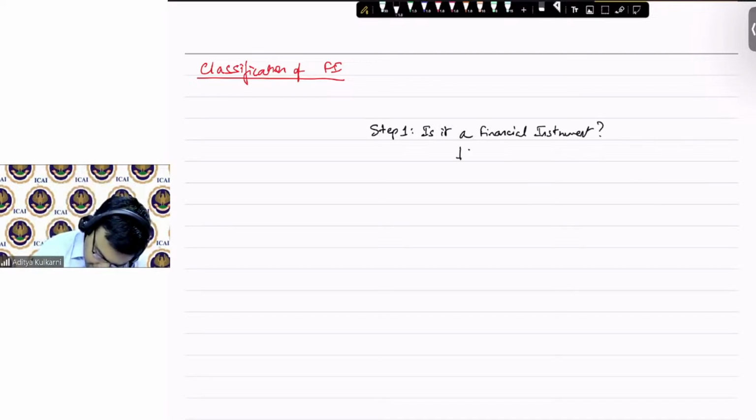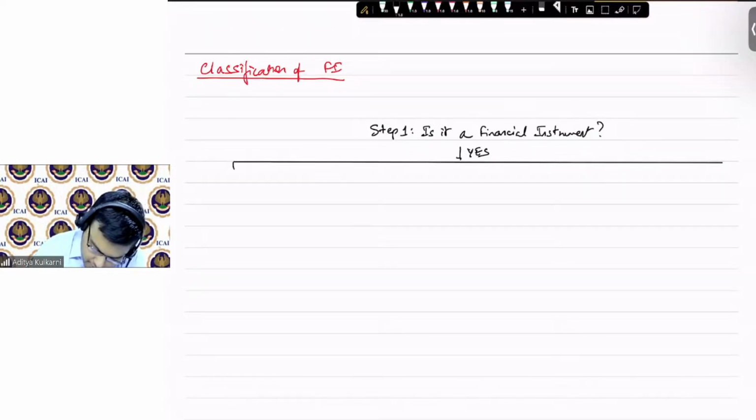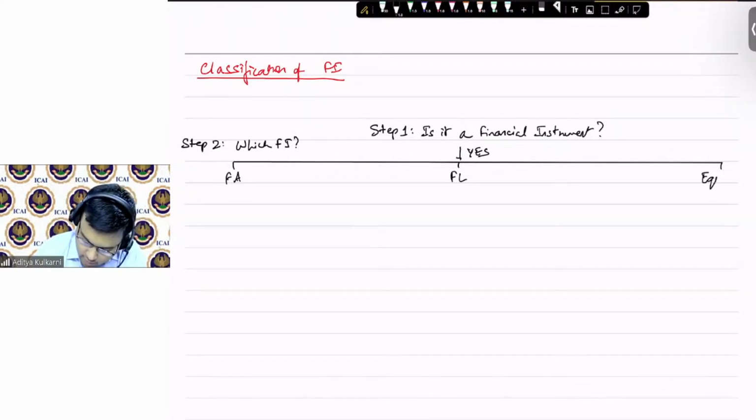If the answer is yes, then you proceed to step 2. Step 2: which financial instrument? Is it a financial asset, a financial liability, or equity?